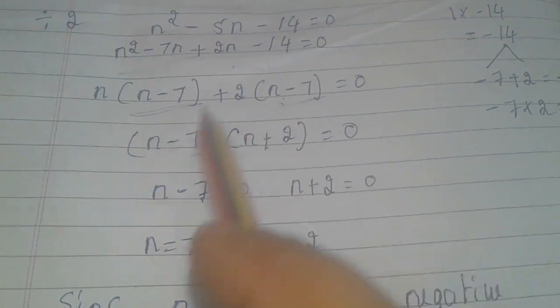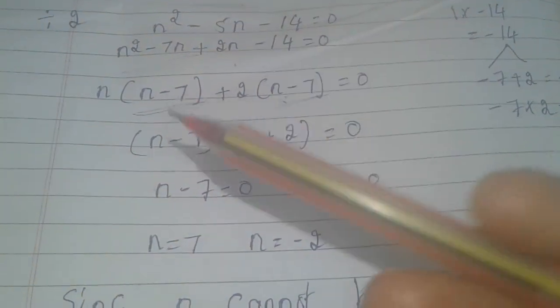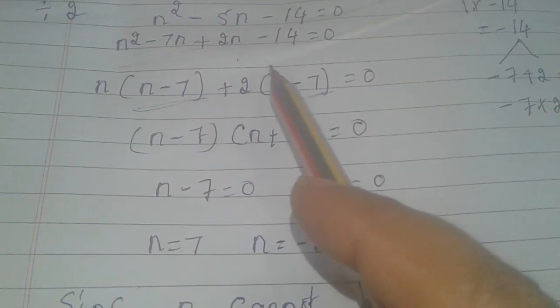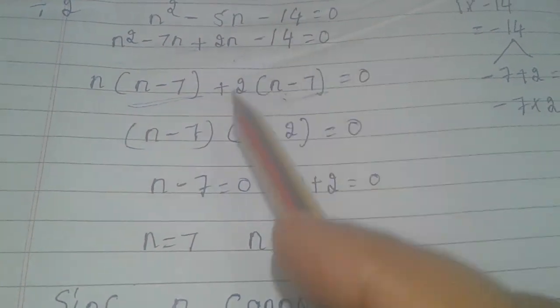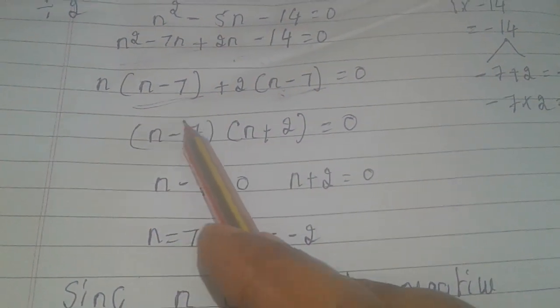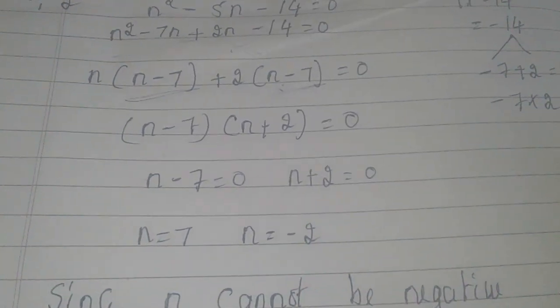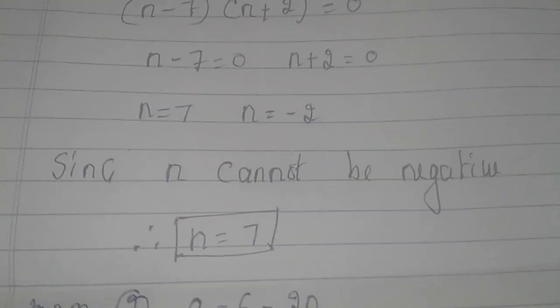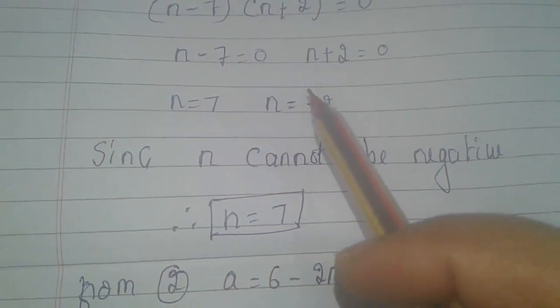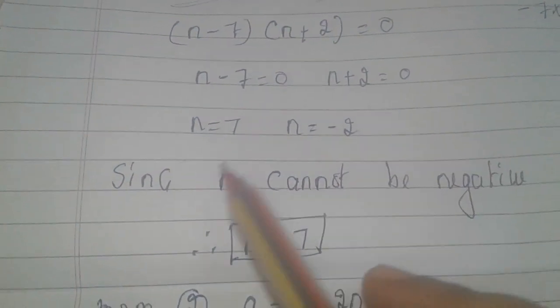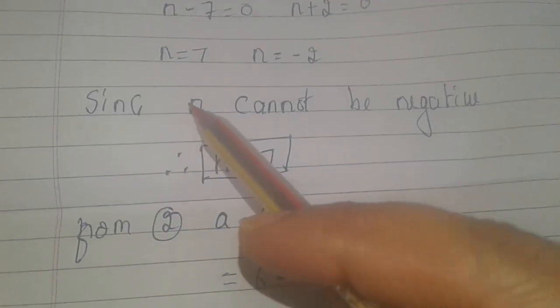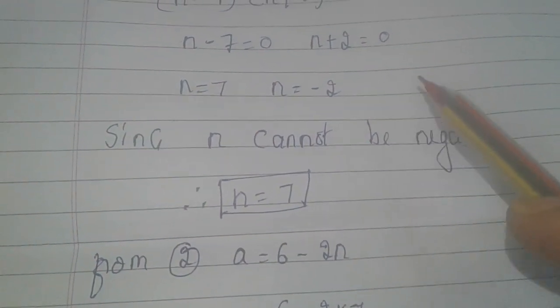That you write outside the bracket. This is one shortcut I am explaining, or else you can directly take 2 common from these two terms. So n minus 7 is a common factor, n plus 2 is the other factor. Now equate n minus 7 equal to 0, n plus 2 equal to 0. So we got n equals 7, n equals minus 2.